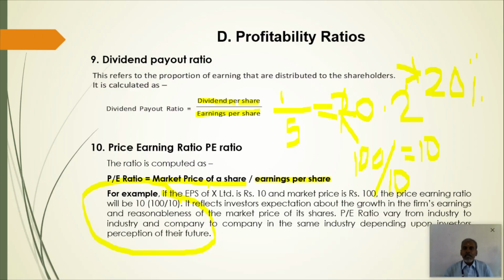So we have discussed profitability ratios, and apart from this there are more ratios, and these are the basic things that every investor, short term or long term investor, should do to be cautious.